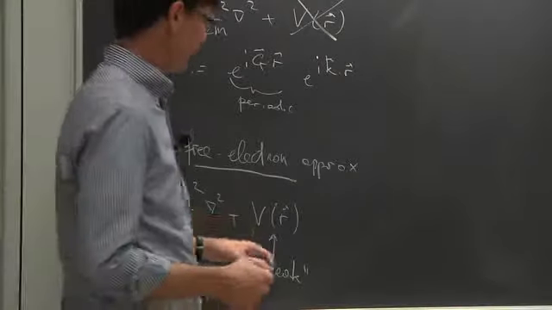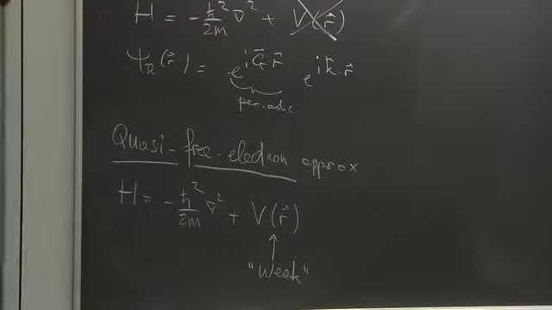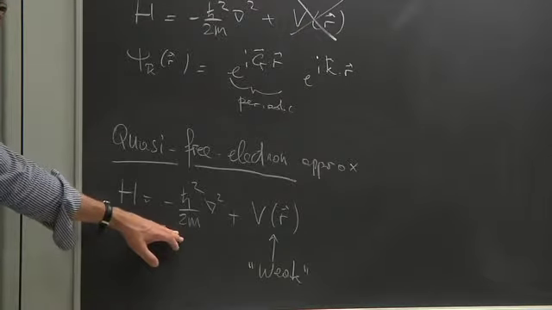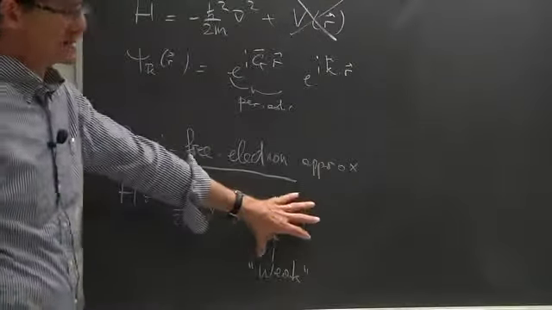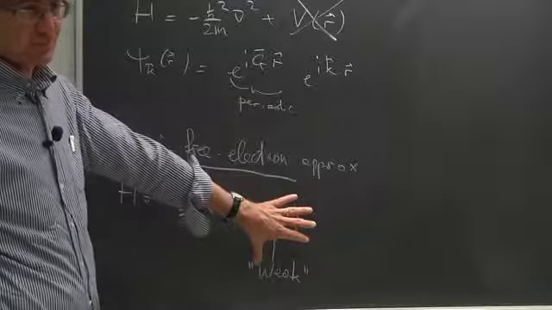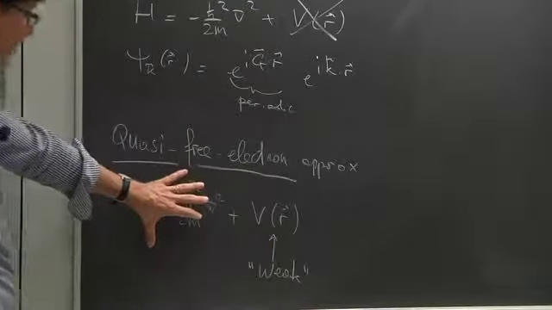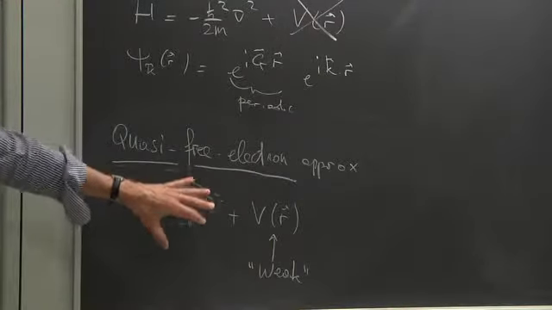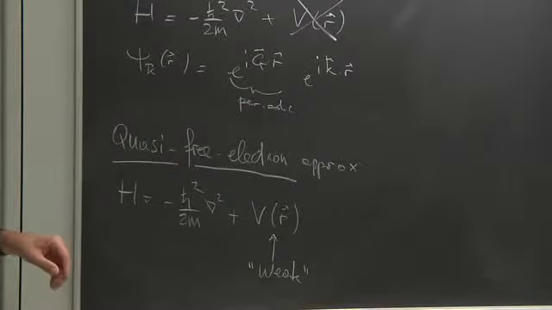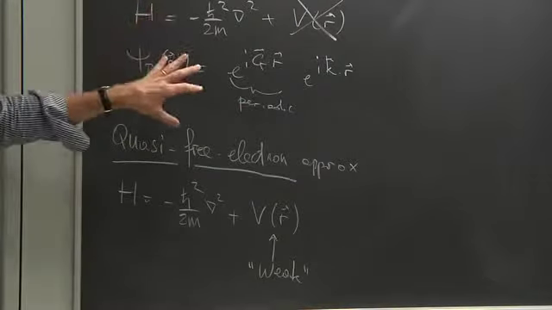But we'll see later on what we actually mean by that. In practice, let's assume that this can be treated as a perturbation on top of a problem that we already solved, which is the free electron problem. So now we're going to use perturbation theory.